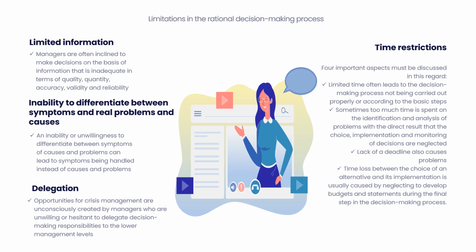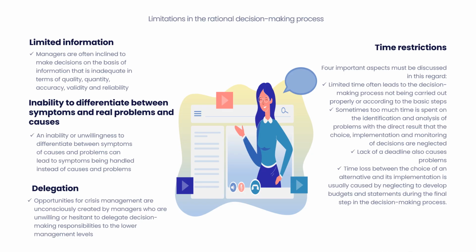Time restrictions. Four important aspects must be discussed in this regard. Limited time often leads to the decision-making process not being carried out properly or according to the basic steps. Yes, time is very important to gather information, to create alternatives and different approaches, to decide upon, to compare them, and to make decisions.